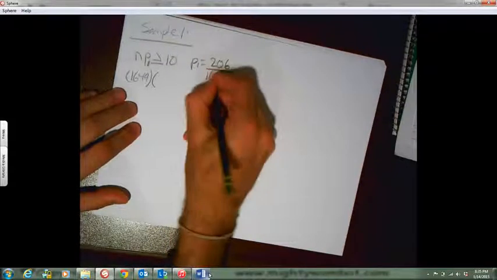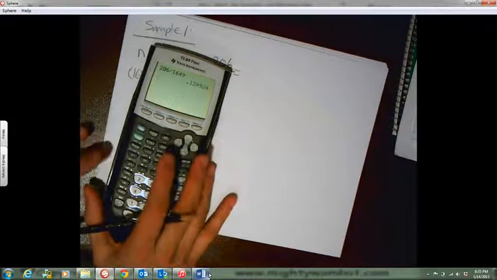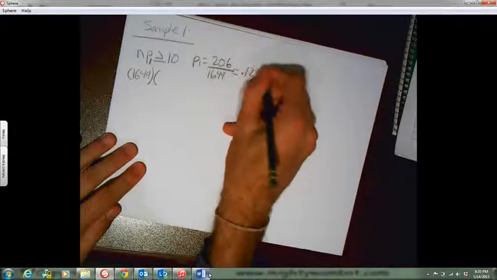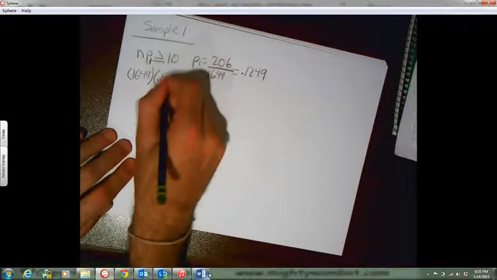So P1 is 206 divided by 1649, which is 0.1249. Is that greater than or equal to 10?